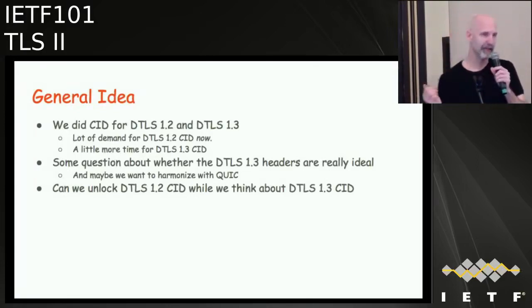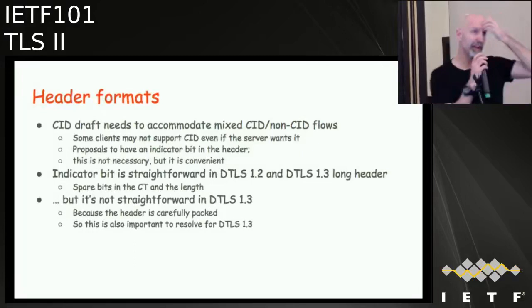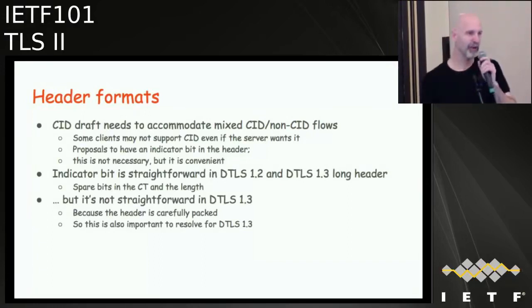Next slide. That said, there is a technical issue in principle we need to resolve if we're going to do this. In QUIC, there's always a connection ID, but we have a big installed base of DTLS 1.2, and that does not have a connection ID.